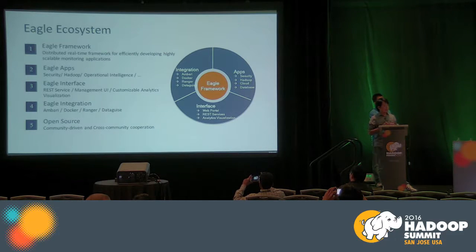It consists of 4 parts. The core part is the Eagle framework. It provides some common components to develop scalable monitoring applications, and we also build some built-in logic, including the alerting model and the data integration and so on, as the Eagle apps.